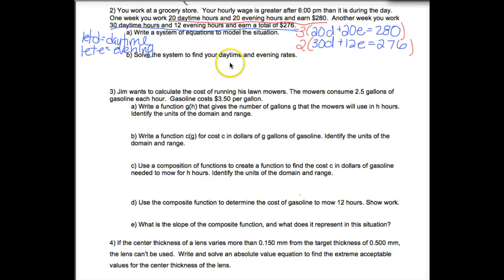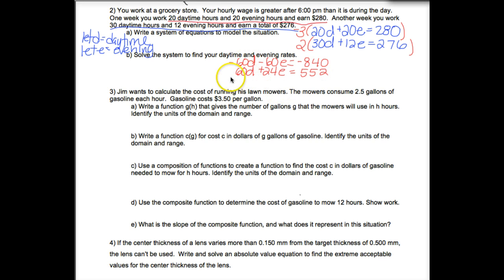Go ahead, that gives you -60D minus 60E equals -840. That's what you get when you multiply the -3 times the 280. Then down here, 2 times the 30 is 60, so 60D. 2 times 12 is 24, plus 24E equals 2 times 276, which is 552.